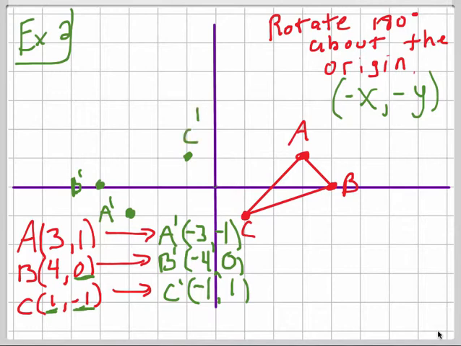Now, once you get all the points plotted, we can connect the dots and see that we rotated the triangle perfectly 180 degrees about the origin. All right. It is what it is. Go Bucks.